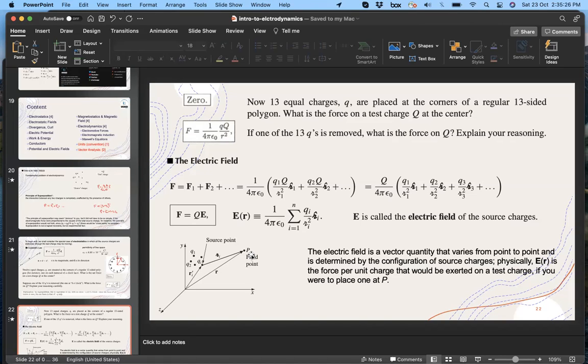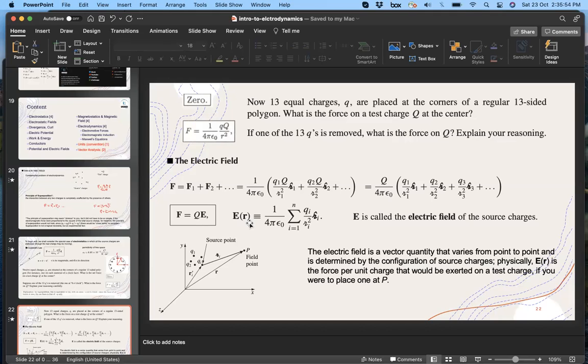So this is a function of the position vector, and today we're going to see the application of this definition very nicely, if we have a shell and we want to find the electric field at some point, say inside the shell and outside the shell, and what is going to happen.